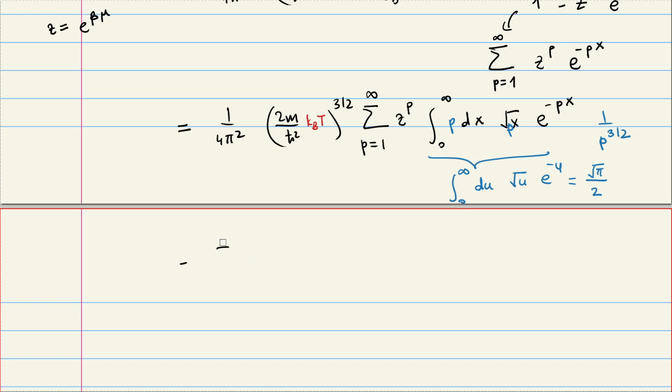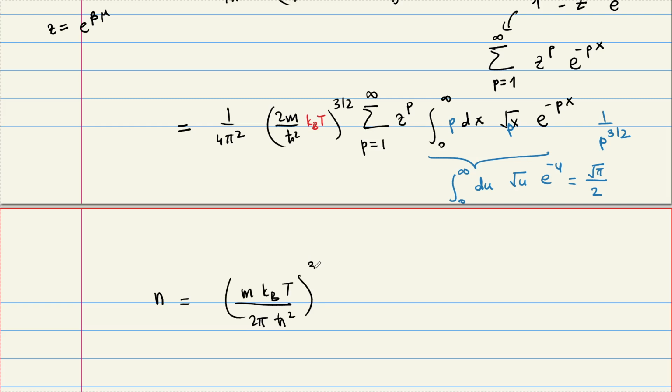Let me write the entire thing. So N over V is equal to (m kBT divided by 2 pi h bar squared) to the 3/2 times g 3/2 of z, where I also did the cancellations here, not to be too boring.